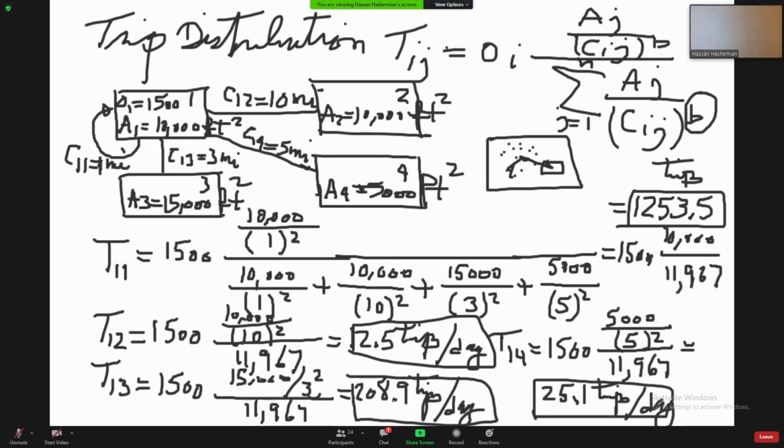Purpose of the trip, and then the B. For work, B equal to 0.5. For shopping goods, B equal to 2. For business, B equal to 2. For recreation, B equal to 2. For others, B equal to 2.